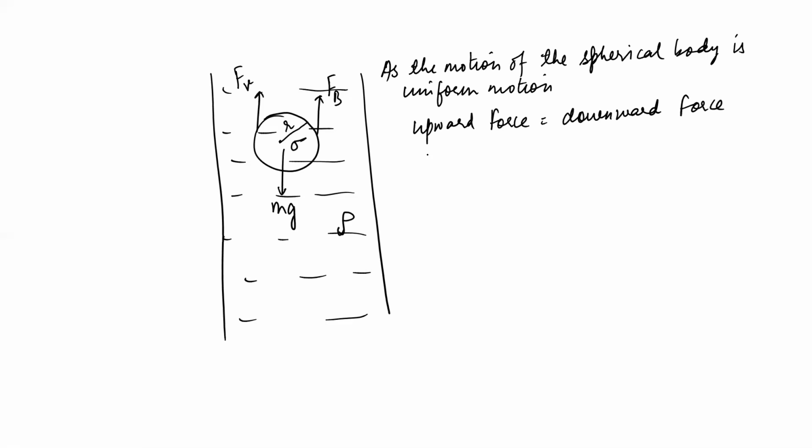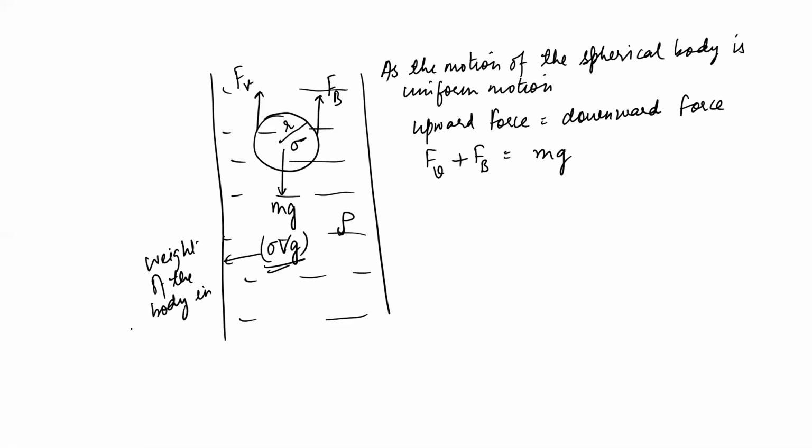So upward force is Fv plus Fb, and this will be equal to mg. The mass of the body can be written as sigma V into g. So this will be the weight of the body in terms of its density, right?